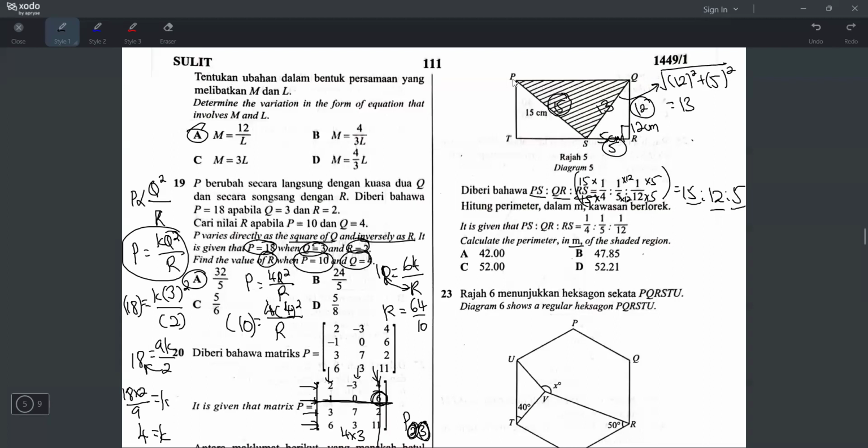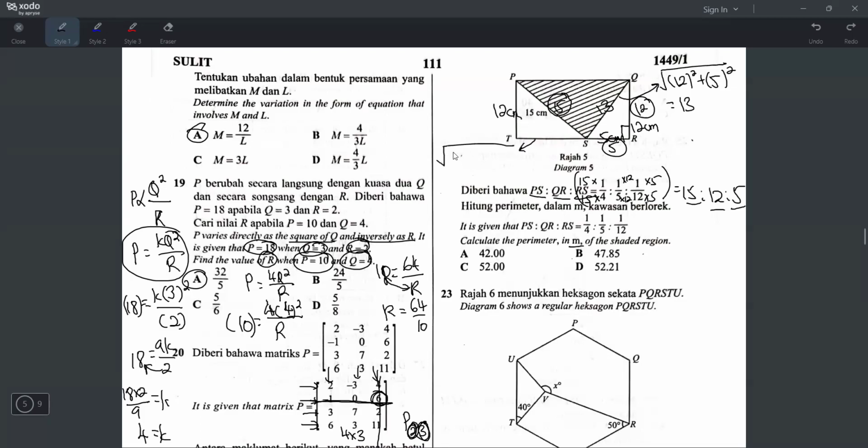But I need one more panjang, PQ. So macam mana cari panjang PQ? Okay, panjang PQ sama dengan panjang TR. So you can find the panjang here. Tapi macam mana cari? Okay, this is a rectangle, right? So panjang atas dengan bawah sama. So panjang kiri kanan pun sama. So this side here is 12 cm, so this will be 12 also. Can I find TS punya panjang? Yes.